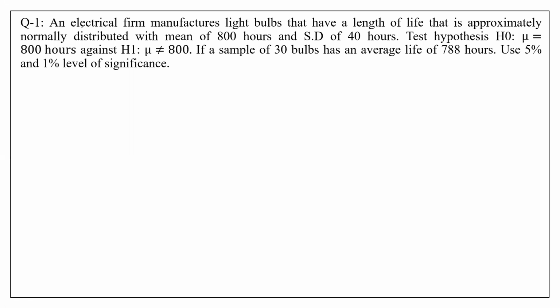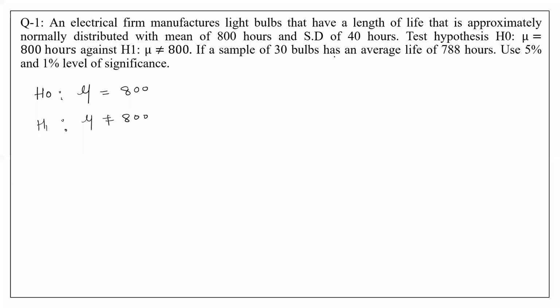So let's look at this example. An electrical firm manufactures light bulbs that have a length of life that is approximately normally distributed with a mean of 800 hours and standard deviation of 40 hours. Now we have to test the hypothesis that the mean of the population is 800 hours against the alternative hypothesis, which is not equal to 800 hours.